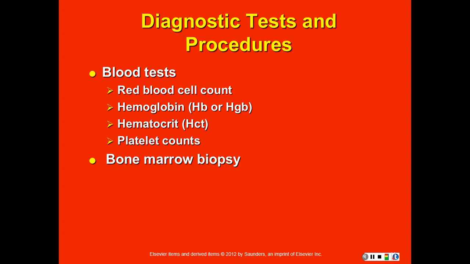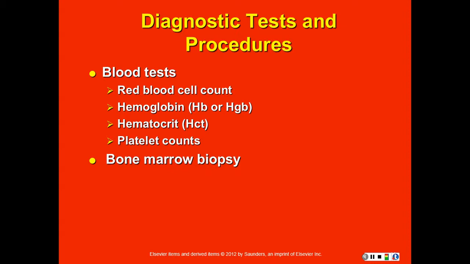Red blood cell count is just that. How many red blood cells we have in a milliliter of blood. We're looking at hemoglobin. You may see that either HB or HGB. That is your oxygen carrying capacity of your blood.